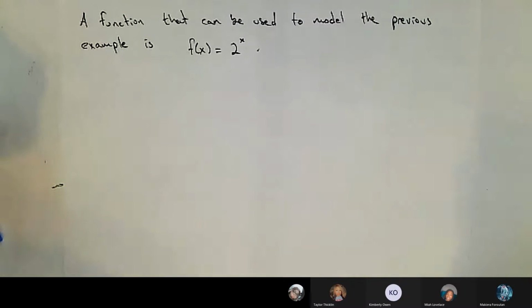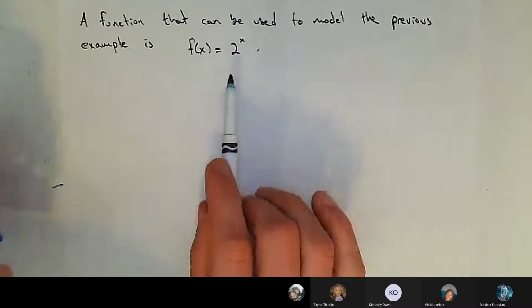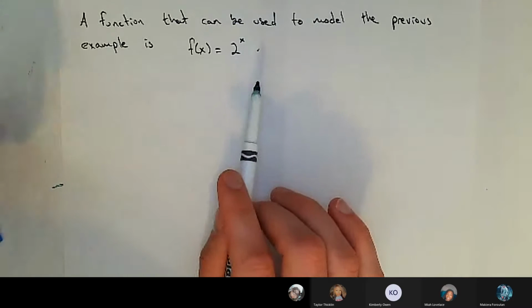Where x now is the thing that's changing, right? X is representing, in the example I wrote down, the number of hours that passed. So notice that the variable x is now up in the exponent spot, right? The 2 is staying fixed.